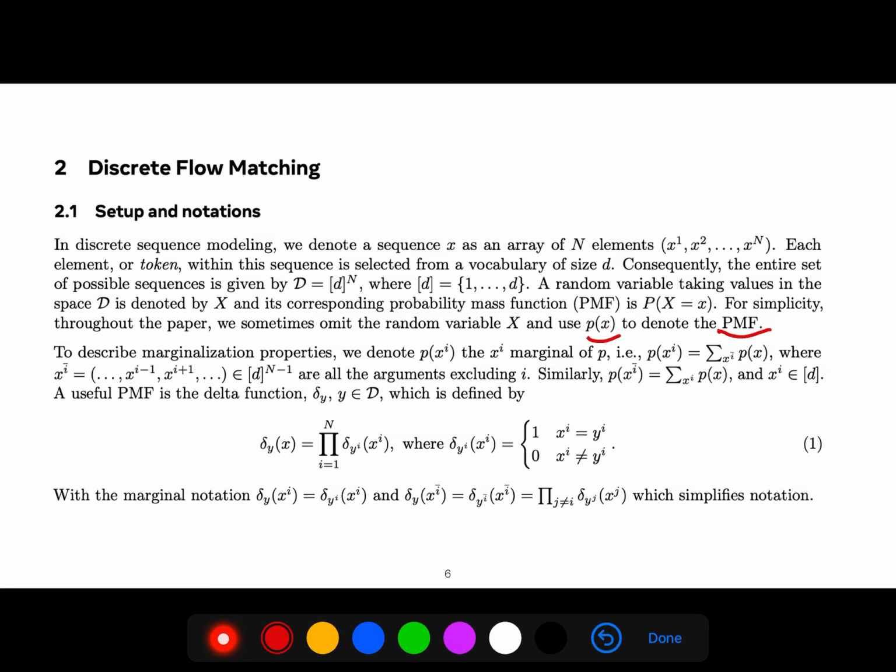We have a mass function, and to describe marginalization, we use this script X sub i. For example, the i-th token, the i-th position. It's about position. For example, when you want to generate a sentence, there is an i-th position. And this is the marginal one.